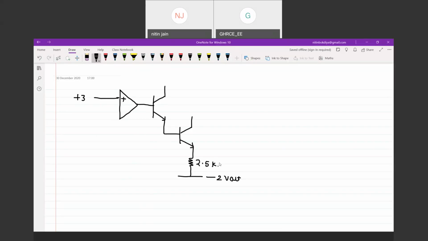Now the collectors, these two collectors are short circuited and connected to a 1 kilo ohm resistance.